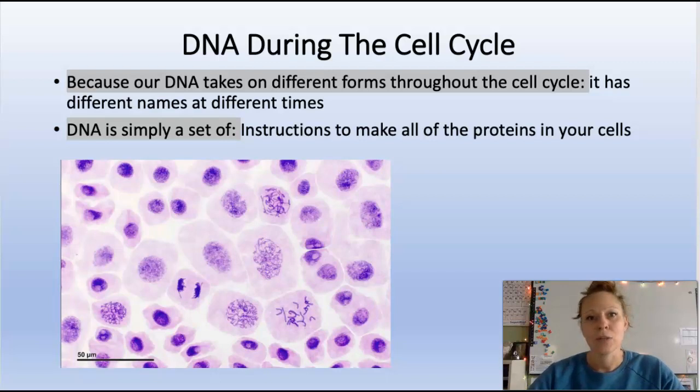Your DNA determines the color of your eyes, or all of the traits about you. Proteins do the jobs that make your eyes a certain color, or that make your nails grow a certain speed, or determine how well you can smell or see or anything like that.